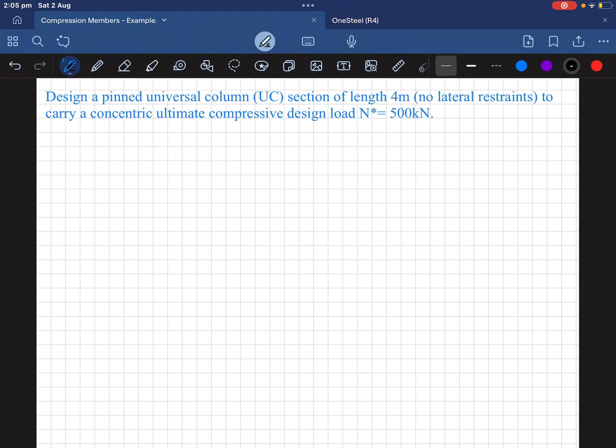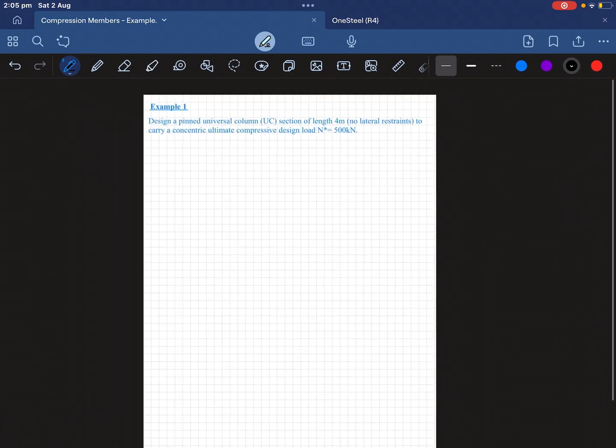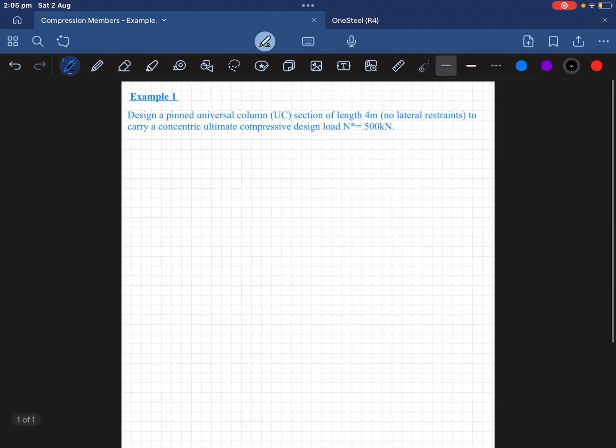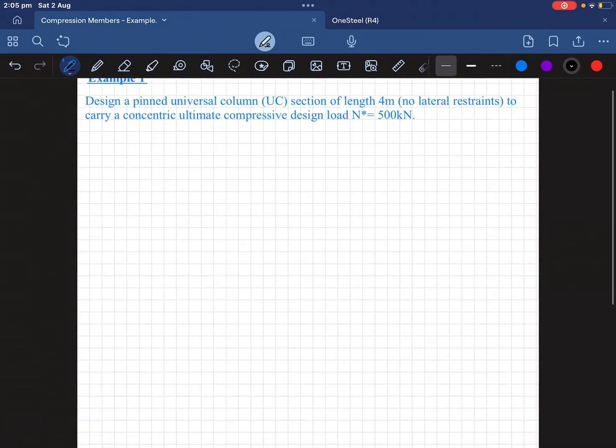We're going to use an equation to find an approximate moment of inertia about the y-axis, and this will help us pick a section to start with, design that, and then if that's not sufficient, we increase the size and keep iterating like that. So we'll start with the buckling equation, which is the nominal buckling load N equals pi squared EI divided by LE squared.